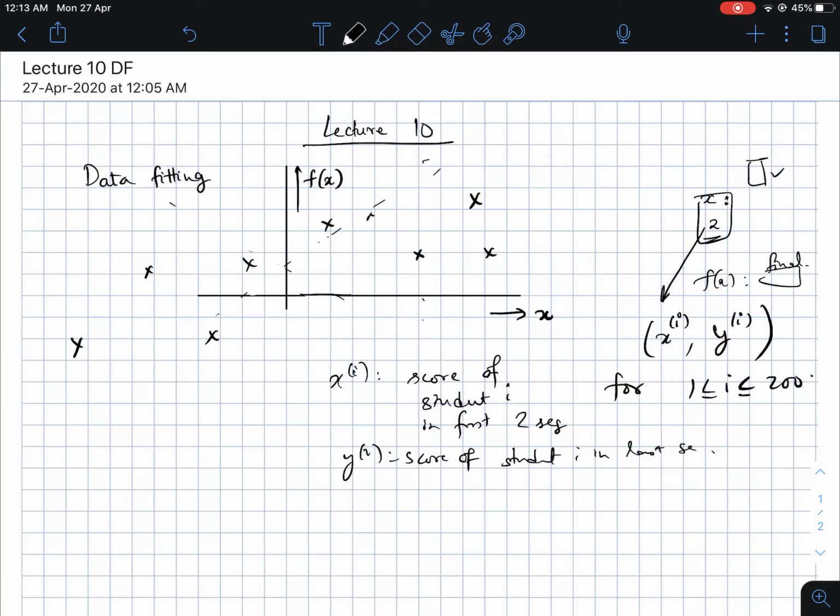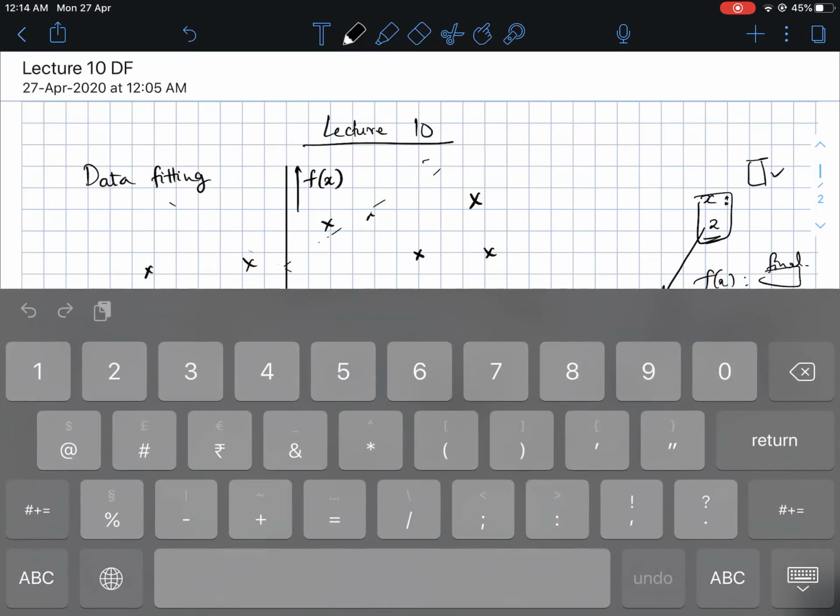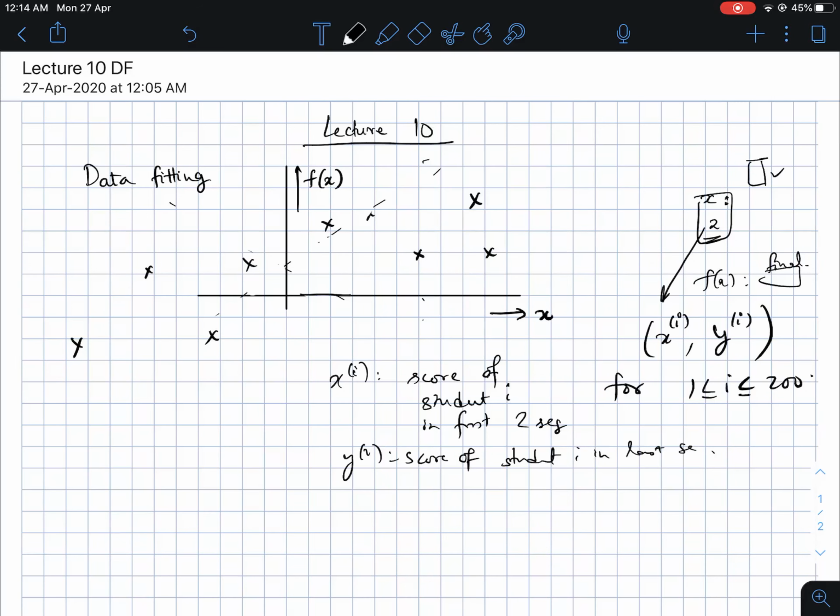The past information hopefully gives you some idea about how the scores in the first two segments are correlated to the score in the final segment. Now my goal is to exploit that correlation and information to make a prediction of a very similar nature for students of this batch.